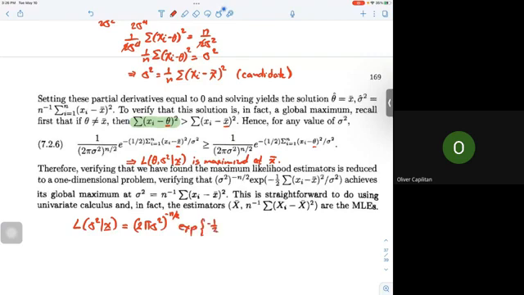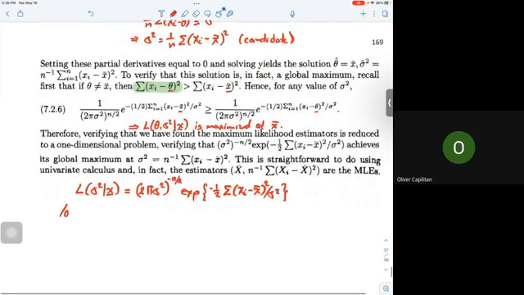We have negative 1/2 the summation of x sub i minus x bar, quantity square over sigma square. It's being maximized. Okay, so yan yung ating likelihood function, parang one-dimensional na siya. We have only one parameter, which is sigma square. And after that, we're going to apply the log.